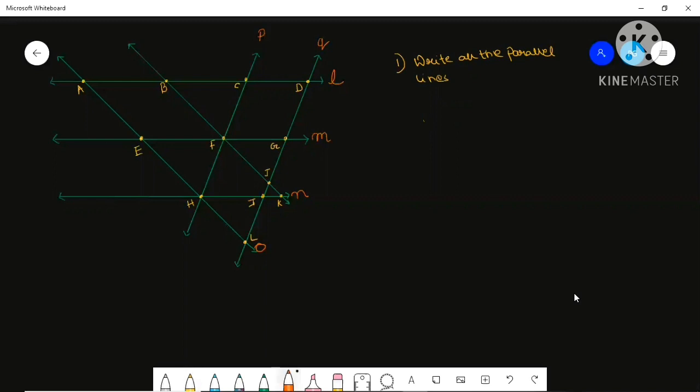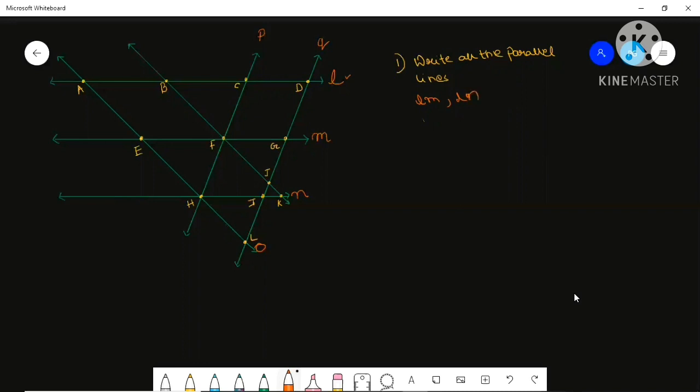My parallel lines, see, first is l, m. First, one thing you will do: always start with the first one and then compare with all the others. So let me start with l. LM, LN, and we can say L... actually, LO we can't say, sorry.